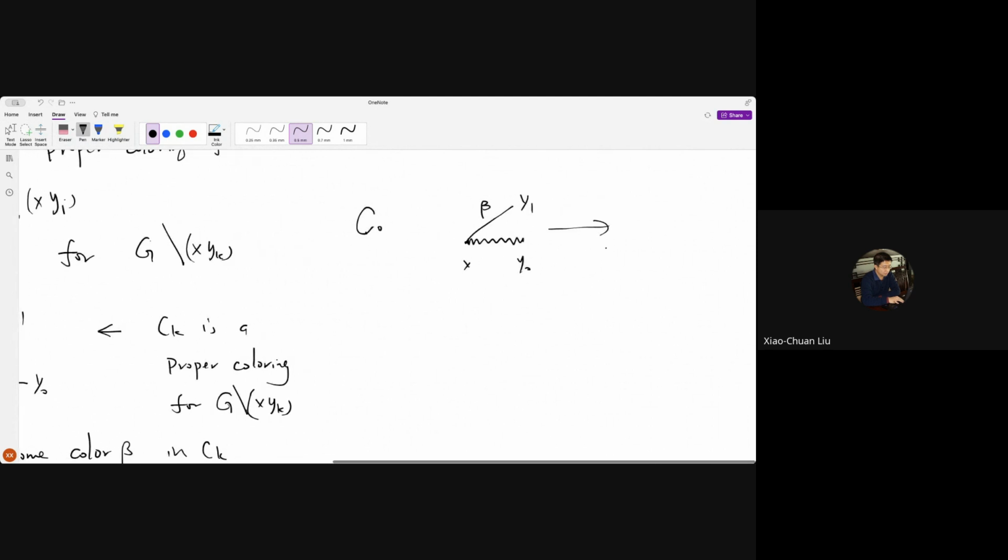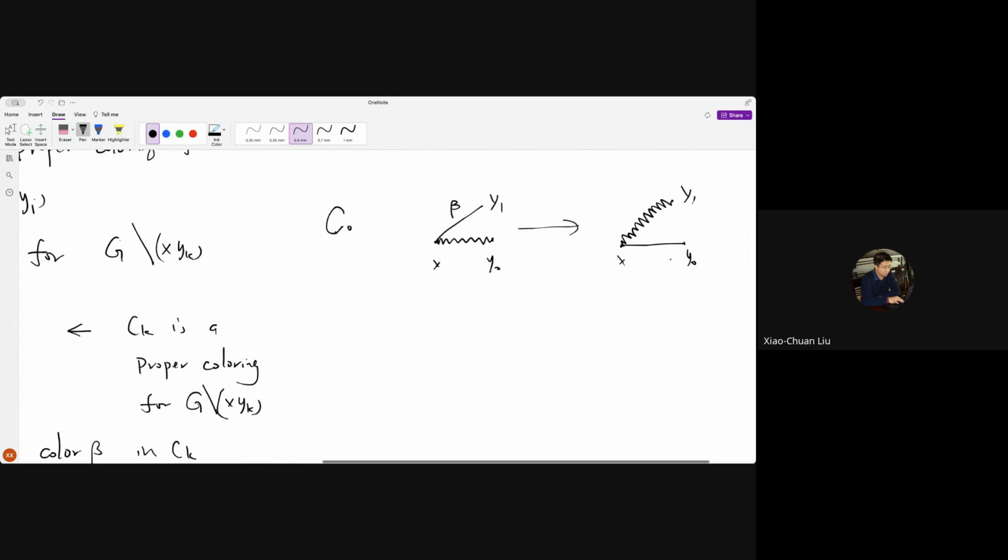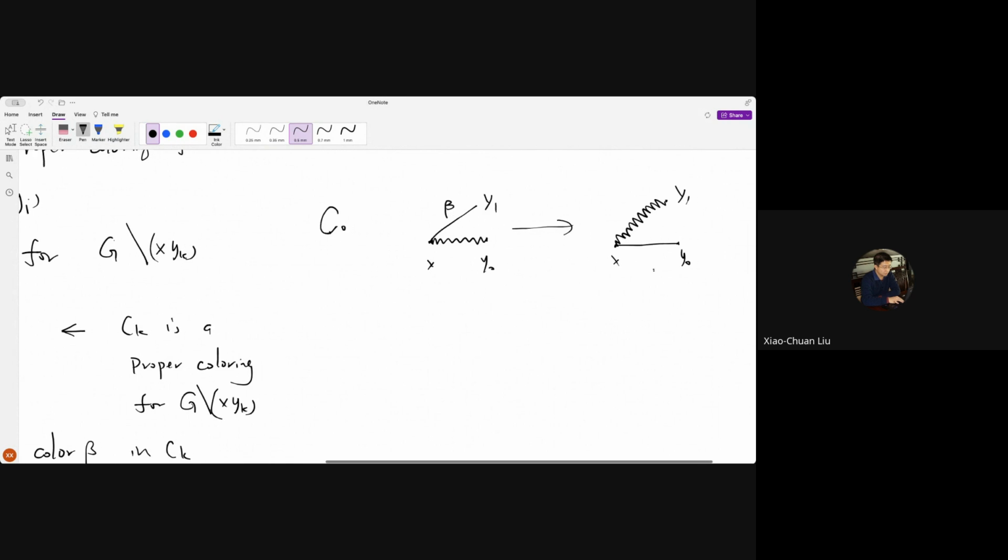You see, the graph becomes that x y0 is an edge, but x y1 is not. And this edge is also given the color beta. So this is my C1. So this is the only difference between C0 and C1. So the coloring changed together with the graph. The graph also changed.